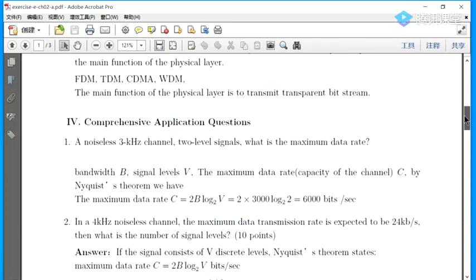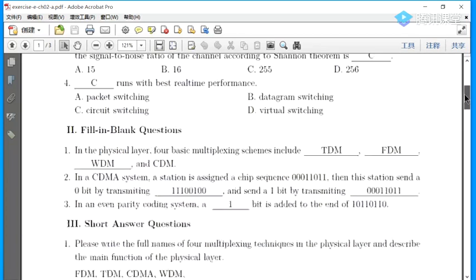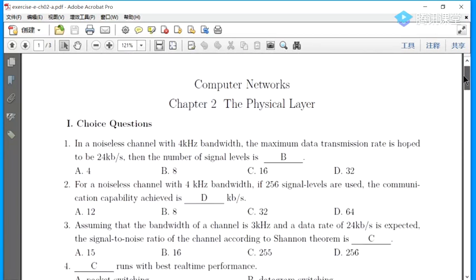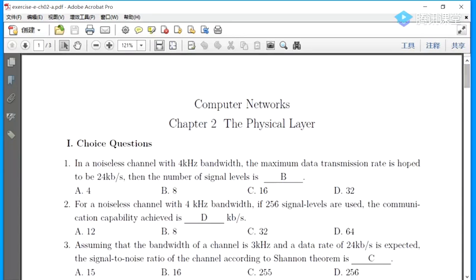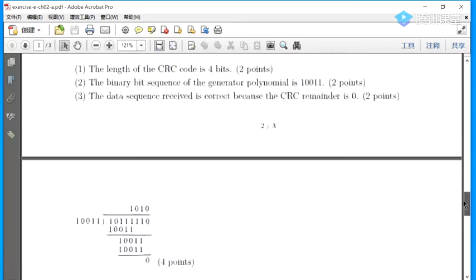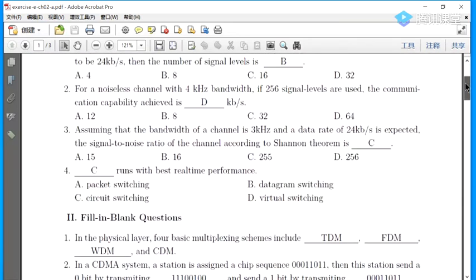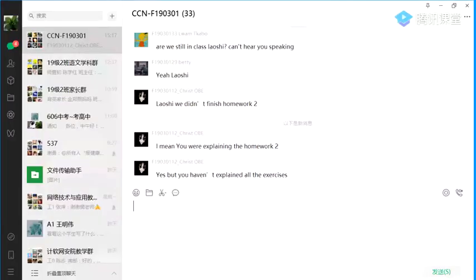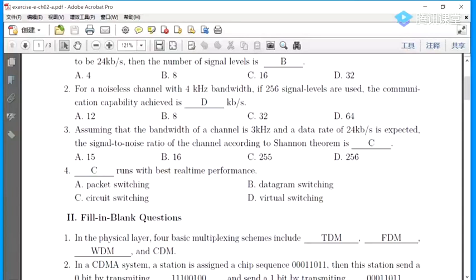And some of the questions emerged in the final examination. That is why I illustrate the questions of exercises in detail.